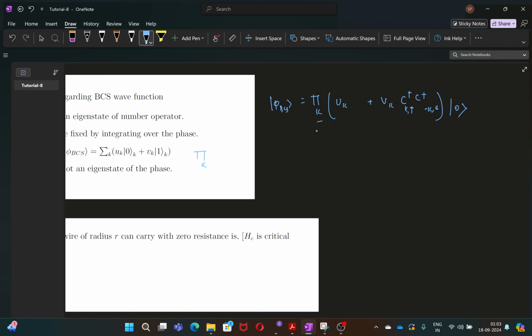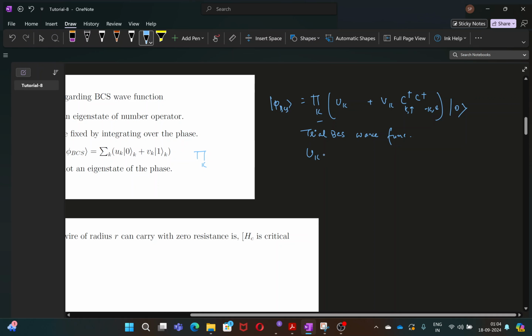This is the trial BCS wave function, where uk is the amplitude for the 0 state, still being unoccupied, and vk is the amplitude for the one state being occupied.